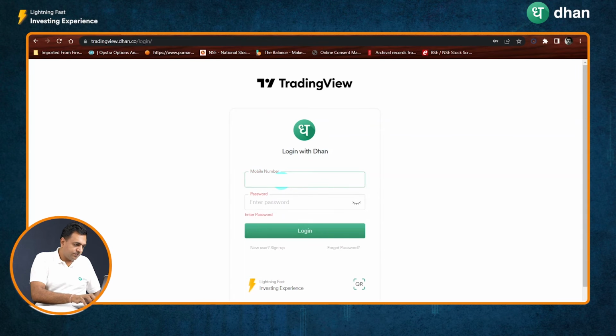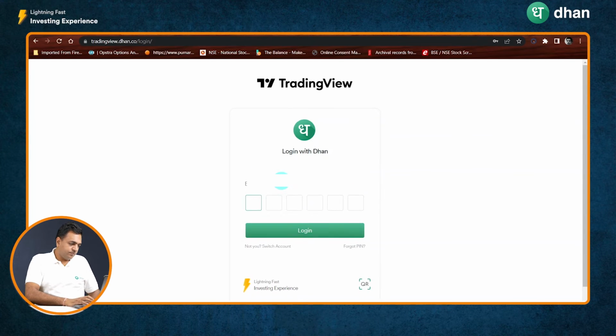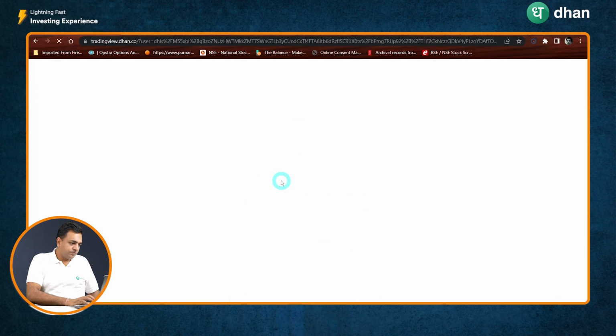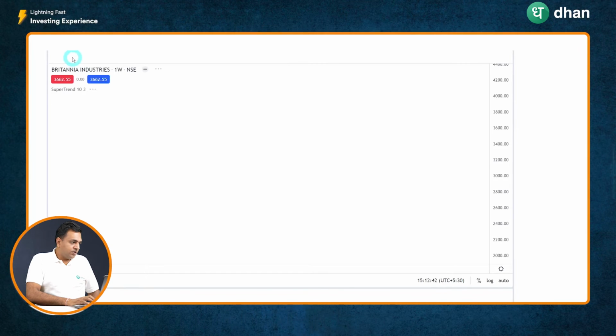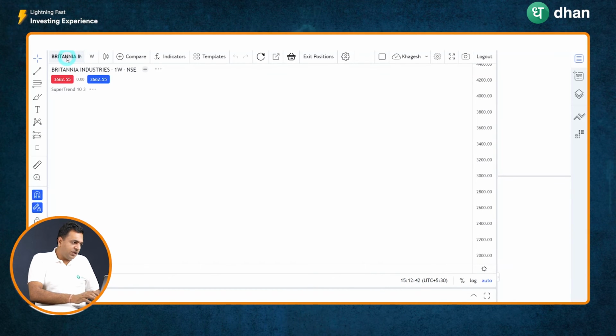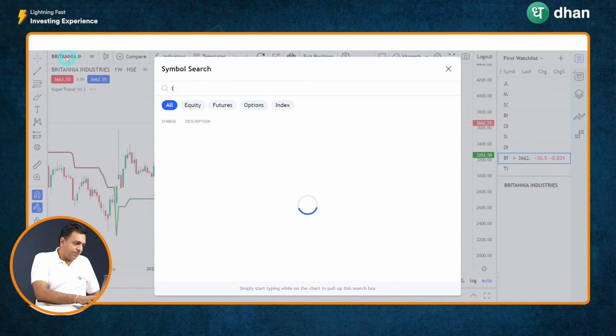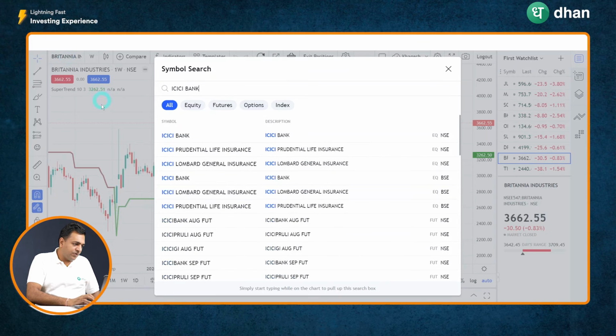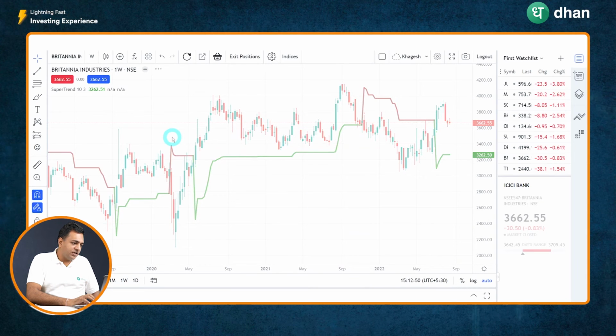So now let's log into tv.dhan.co and try to plot the VWAP graph on some candlestick charts. So let me take the chart for ICICI Bank to begin with, because this was one stock which has recently outperformed the broader index.